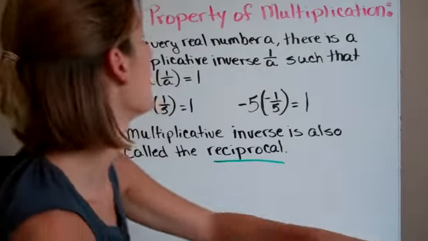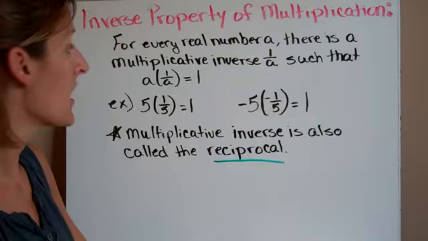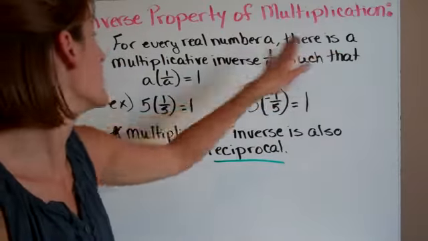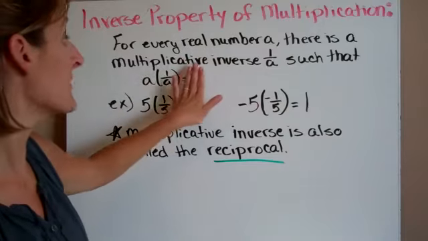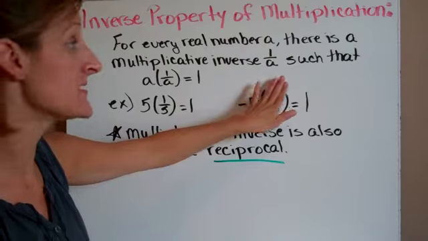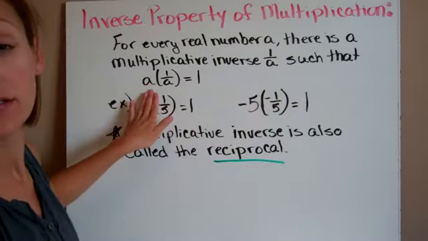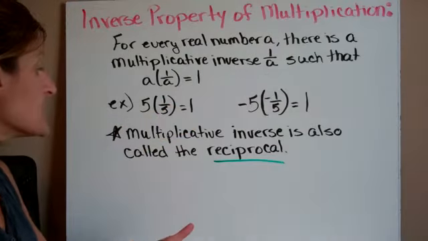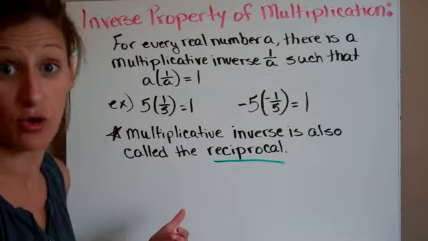So let's look at the inverse property of multiplication. This is saying for every real number a, there is a multiplicative inverse 1 over a, such that if you do a times 1 over a, it's going to give you 1. A lot of times we call this the reciprocal.